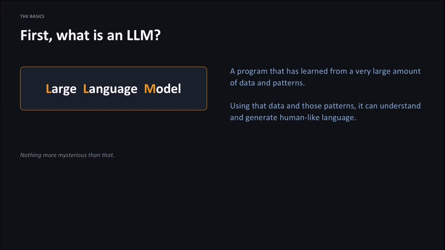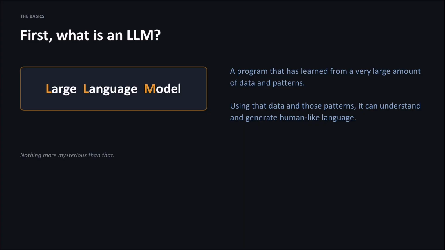It's a jargonish definition, but in simple words, in large language model, you need to focus on the word language. That means it can understand human style language, and at the same time it can give you answers in a human style language, right?